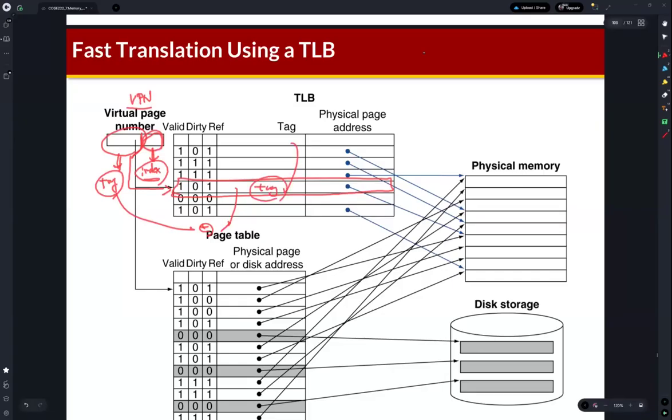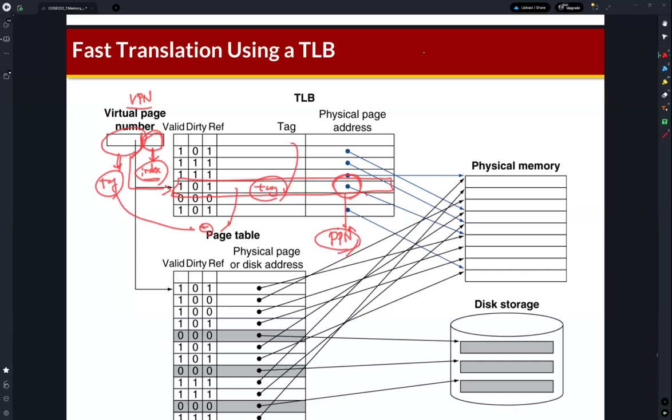You can find the tag here, and if the tag is matched, it is a TLB hit. So what does that mean? The page table entry data is found in the TLB. Then we can quickly get the physical page number from the target TLB entry.